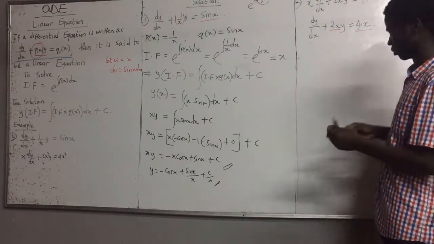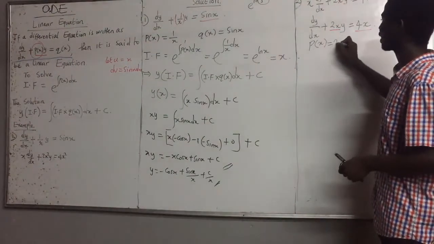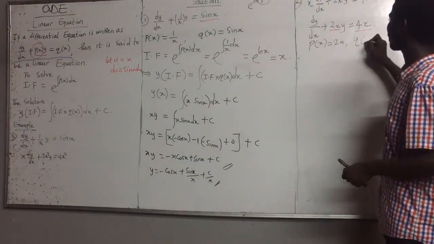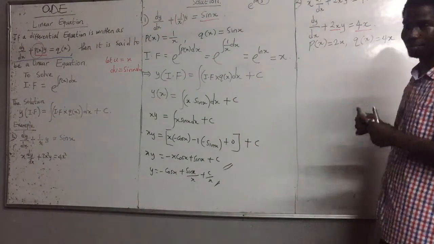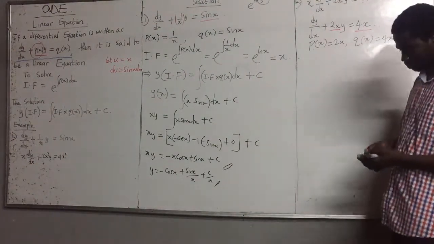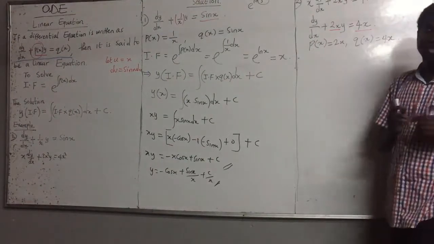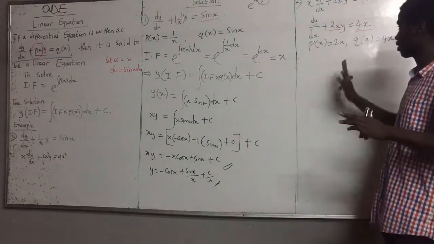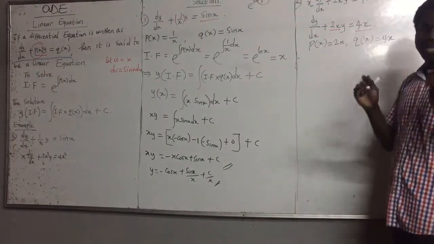P of x is 2x, Q of x is this 4x. Do you understand? So that is what we have. Now let's integrate. Before we do that, you are already seeing that this is a linear equation, right? It's obvious now that this is a linear equation.